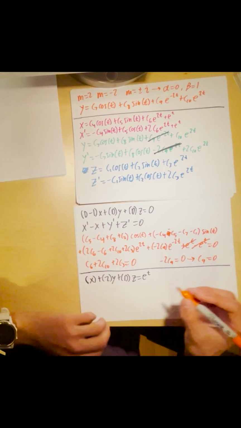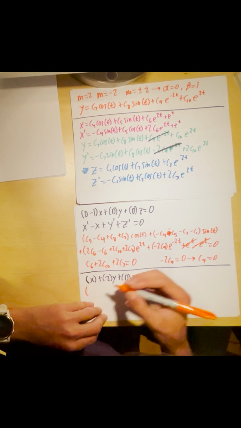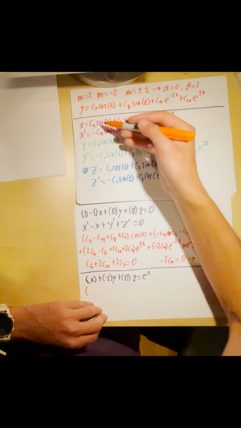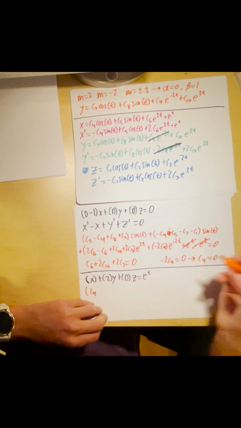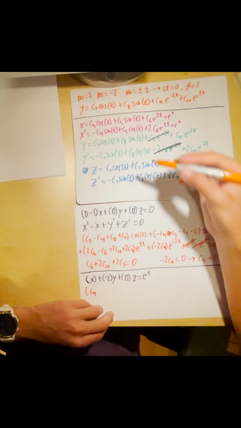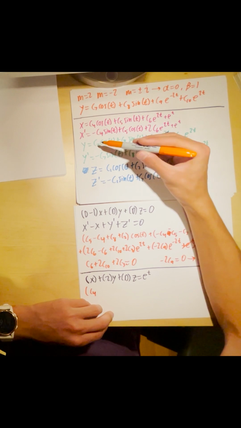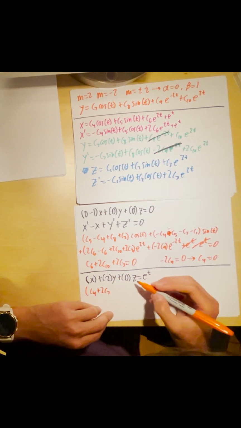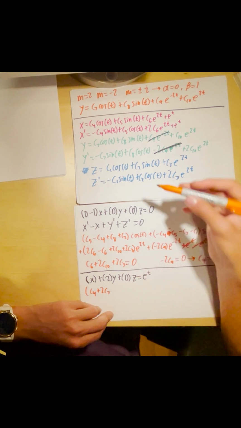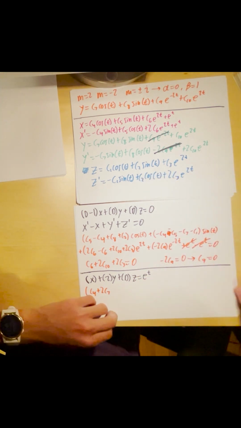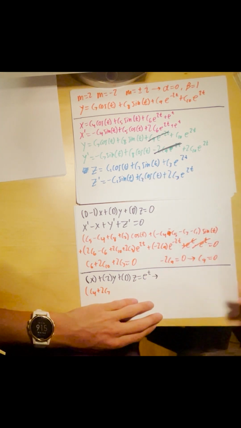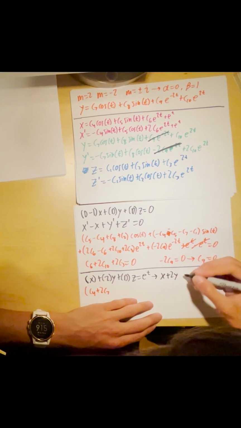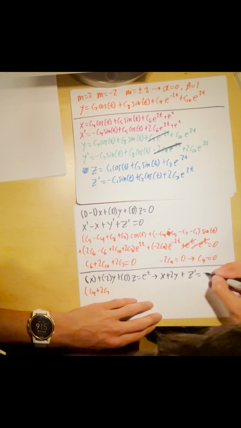I'll start with cosine again. Our cosine terms, or cosine coefficients I should say, for x is c4. For y it's c7. Remember, we're multiplying by 2, so we're going to get plus 2c7. And dz, z prime. Let me rewrite that in terms of what we're a little more familiar with. x plus 2y plus z prime equals e to the t.